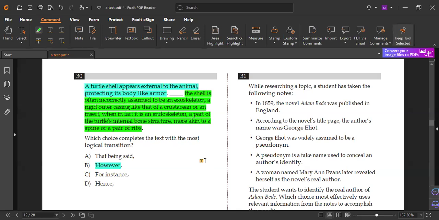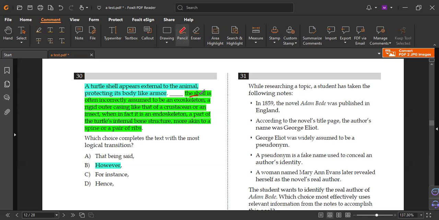I don't know. So it's not B, because he said a turtle shell appears to be external to the animal, and so protecting its body like armor. So the turtle shell seems to be external, it's easy to see outside. And by this, the turtle protects its body like armor. But the following does not express an opposite.